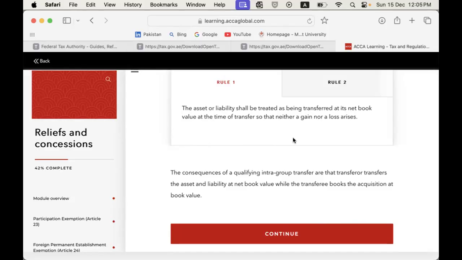In a qualifying group, you can transfer your tax loss from one company to another company. Probably we're going to read that later on. So then what is different? If you can achieve the same objective of transferring your tax loss from one company to the other, and the same thing you can achieve through a tax group as well, then what is beneficial?